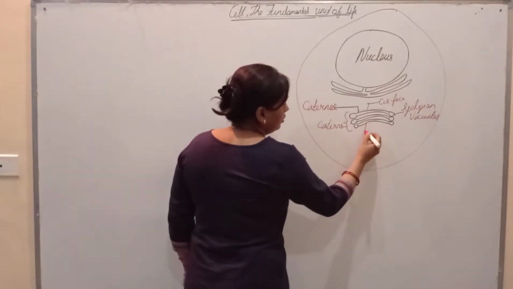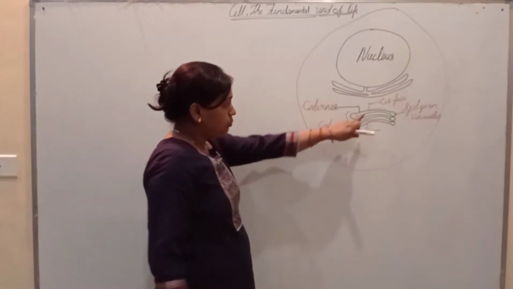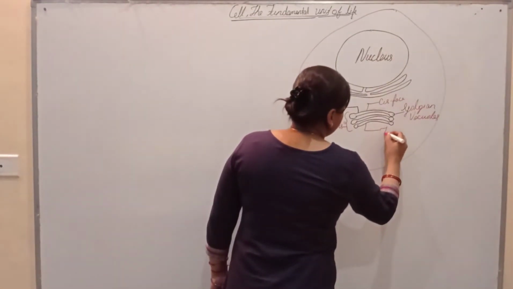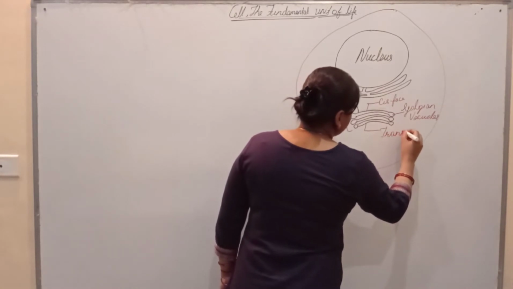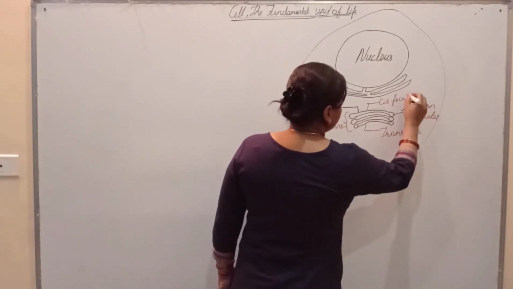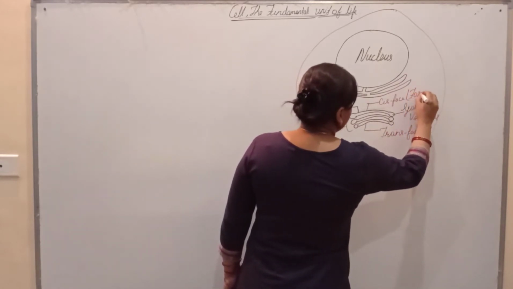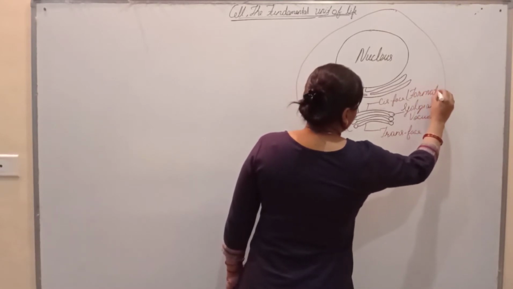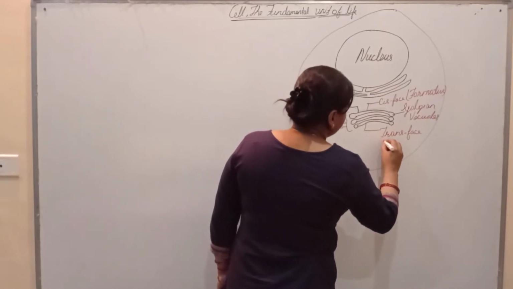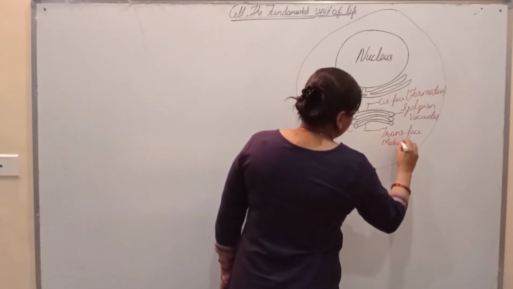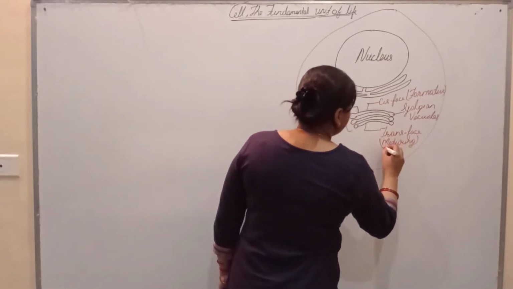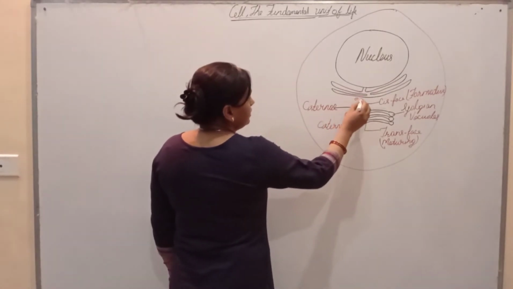The part that faces towards the plasma membrane is called the trans phase, or maturing phase. Also, this is a vesicle.